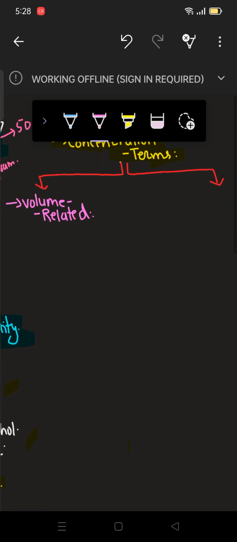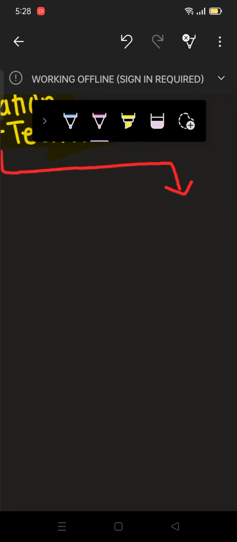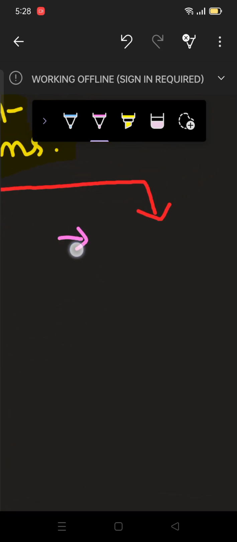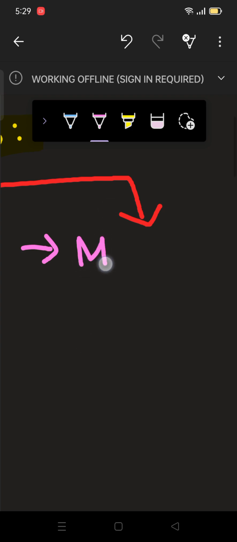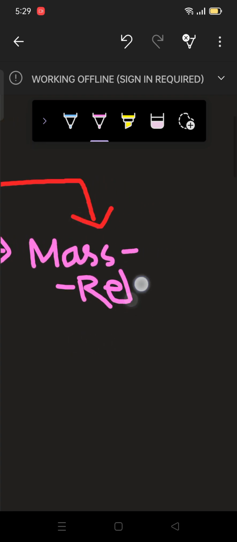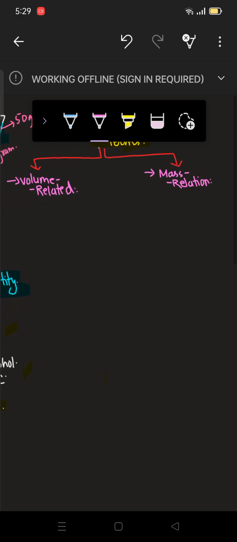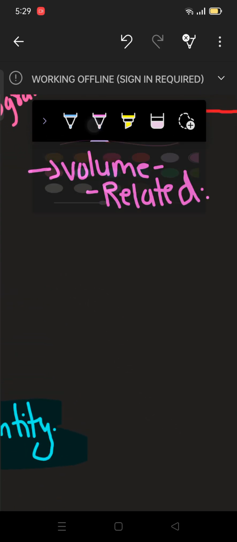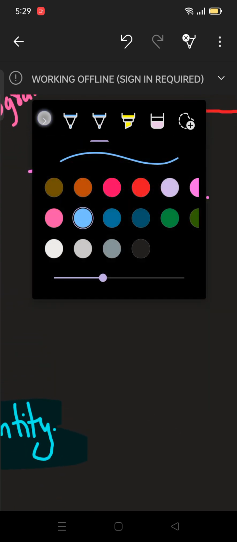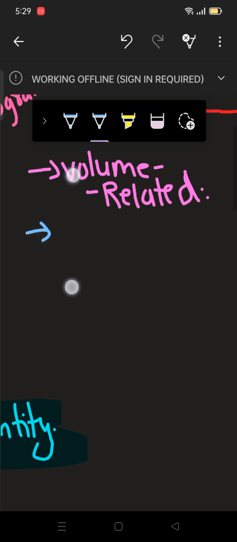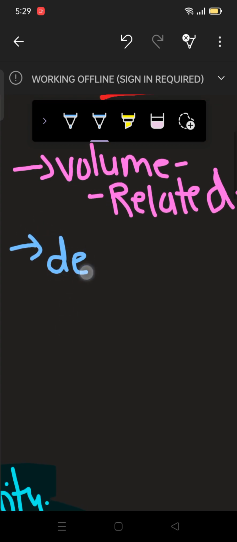And the second category of the concentration terms would be mass related. See, so concentration terms are actually divided into two categories. The first category we made was volume related and the second we made is mass related. Now see, volume related would be dependent on temperature. I'll tell you why, wait for it.